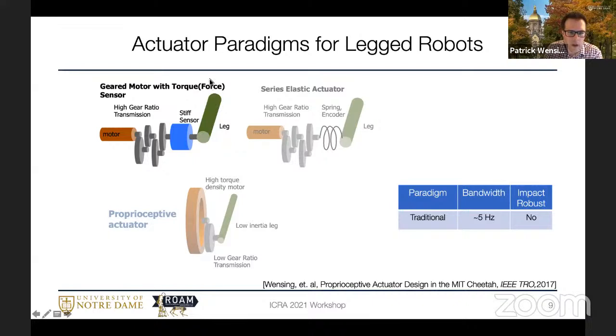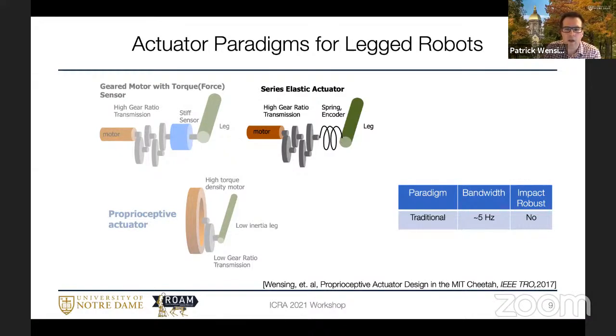If I were to use a hammer and bang on the end of the leg, there'd be a very large force ripple that would go back through this chain and often excite unintended structural vibrations that really complicate control. In order to address that, of course, many folks have looked at series elastic actuators, adding a spring in series in place of a stiff torque sensor.